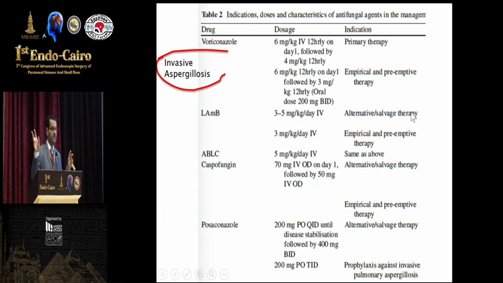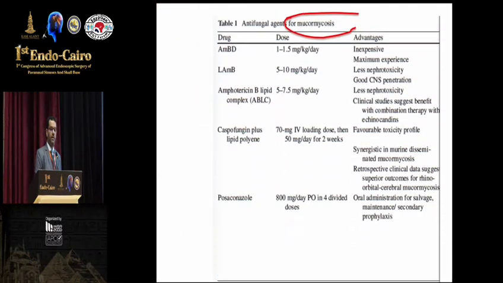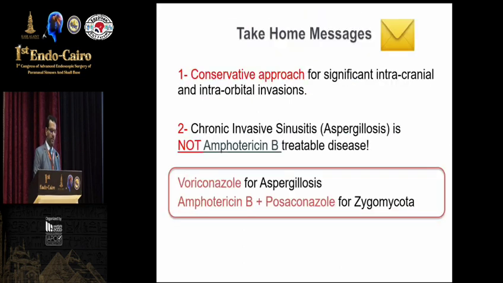You might have different organisms. I have come across different organisms, by the way, not just aspergillosis. So each one is going to have its sensitivity, and depending on that, you continue with your treatment in the chronic. I'm talking about the chronic invasive fungal. Different story in mucormycosis, where the mucor is more sensitive to amphotericin B, of course.